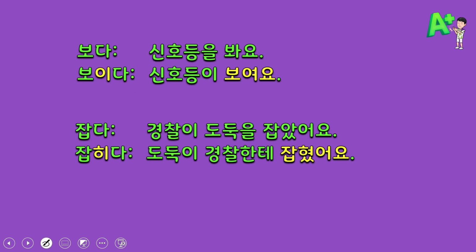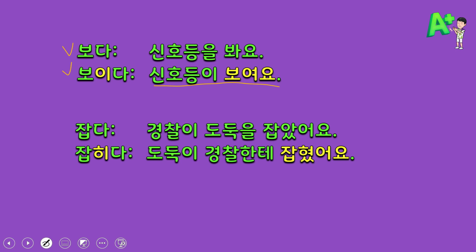Okay, let's look at more example. 신호등을 봐요. So 보다 is the active form. The passive form of 보다 is 보이다. So 신호등이 보여요. In English, we usually say this using the active voice. Something like, can you see the traffic light?